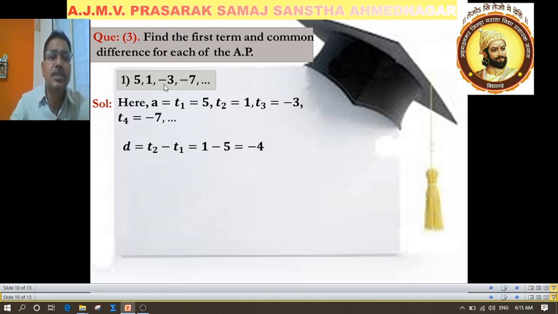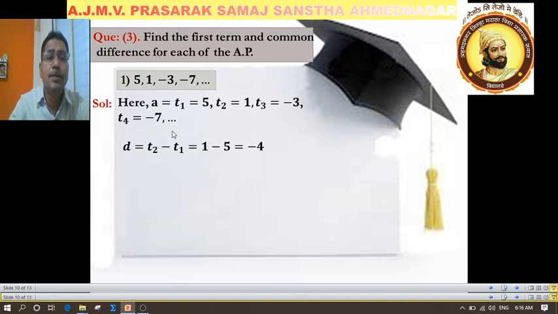The given sequence is an arithmetic progression, which means the difference between any two consecutive terms is always a constant. So d is equal to t2 minus t1, 1 minus 5, which is equal to minus 4. So common difference d is equal to minus 4.